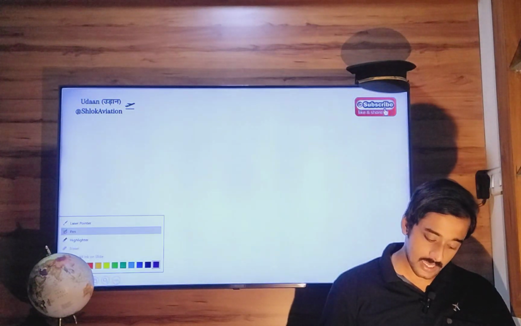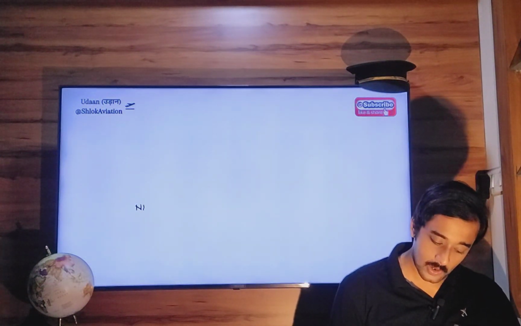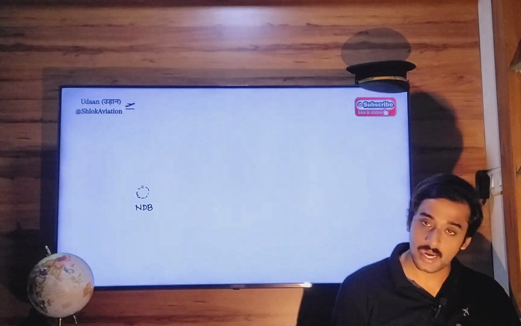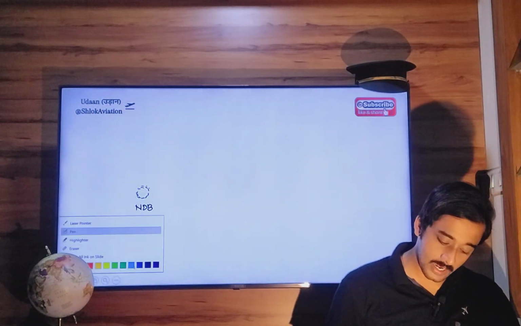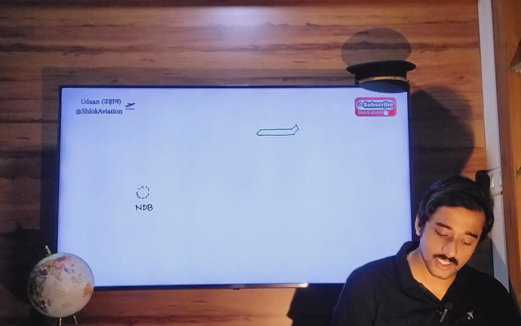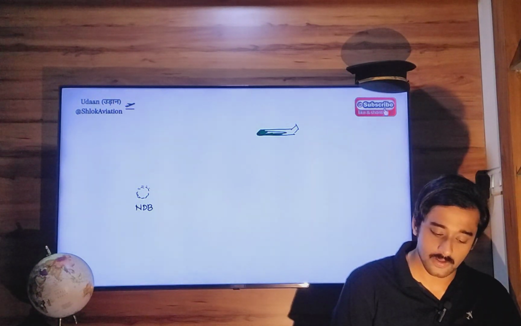Your NDB ground station will transmit a radio signal which is omnidirectional in direction.